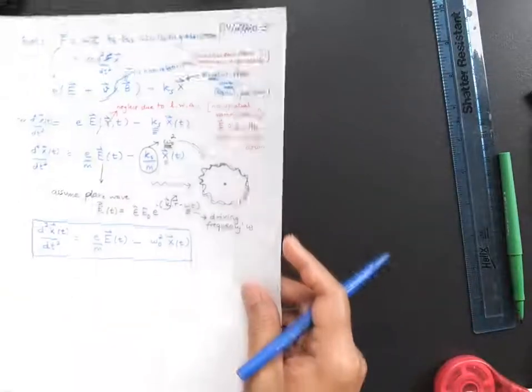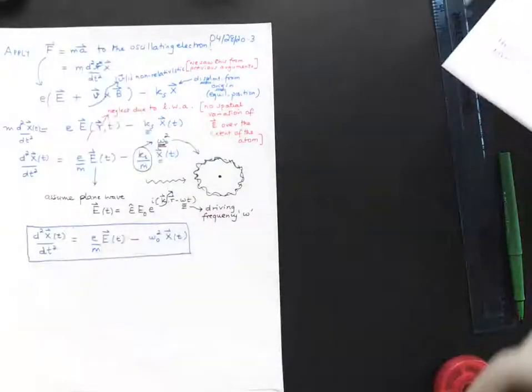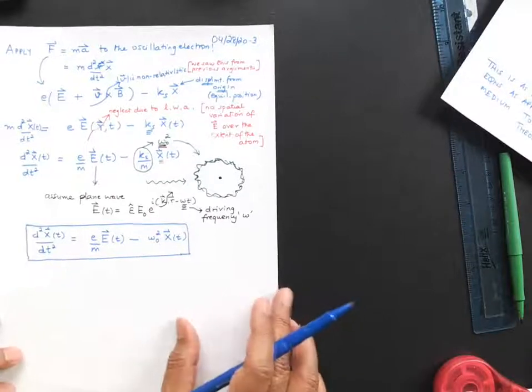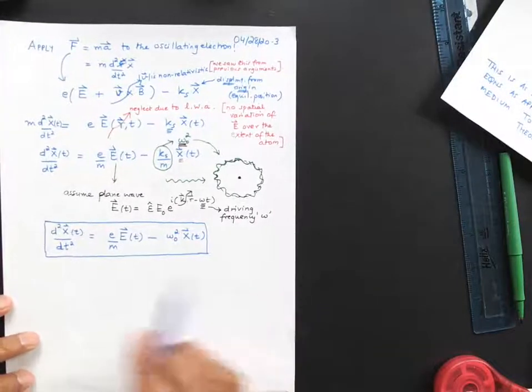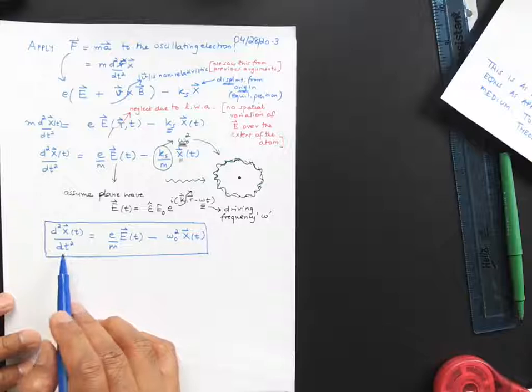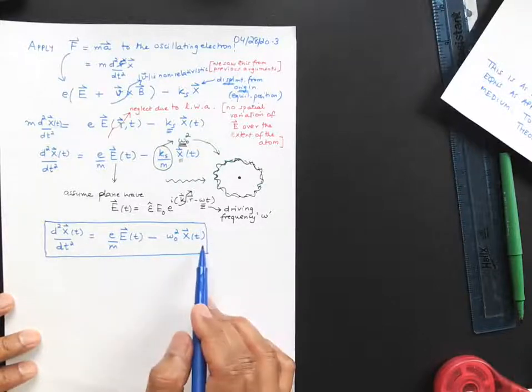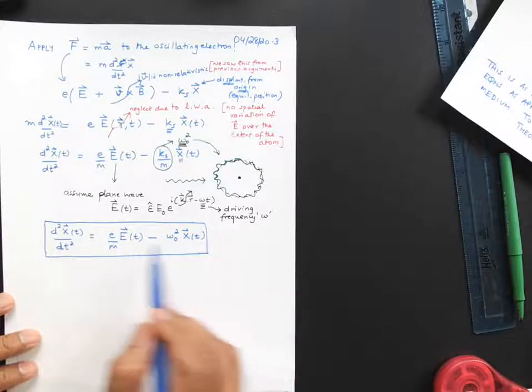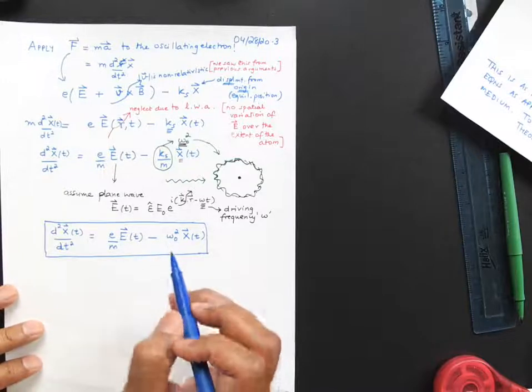Let's see. So what we had done was that we had written out the Lorentz equation, in the Lorentz model, an equation for the oscillating electron. All the quantities here are things that we believe actually exist.